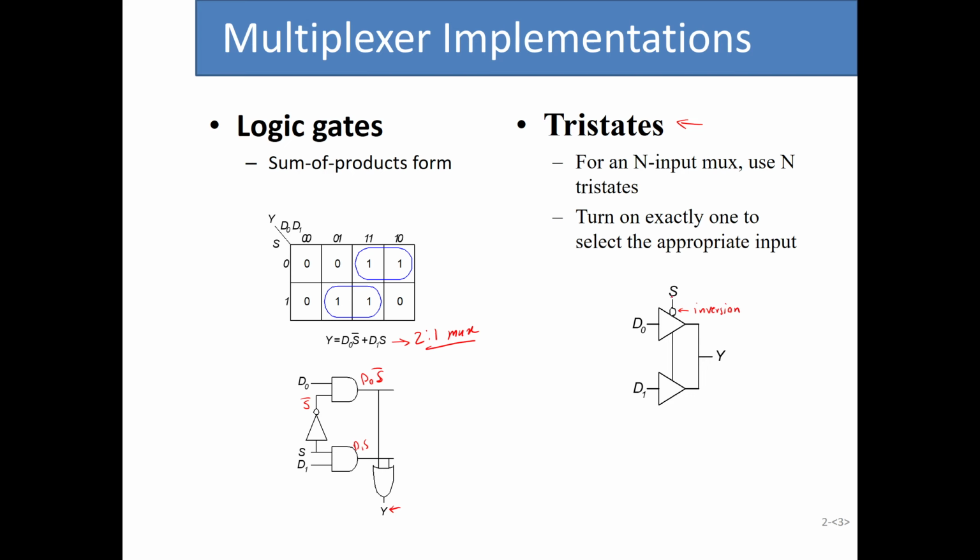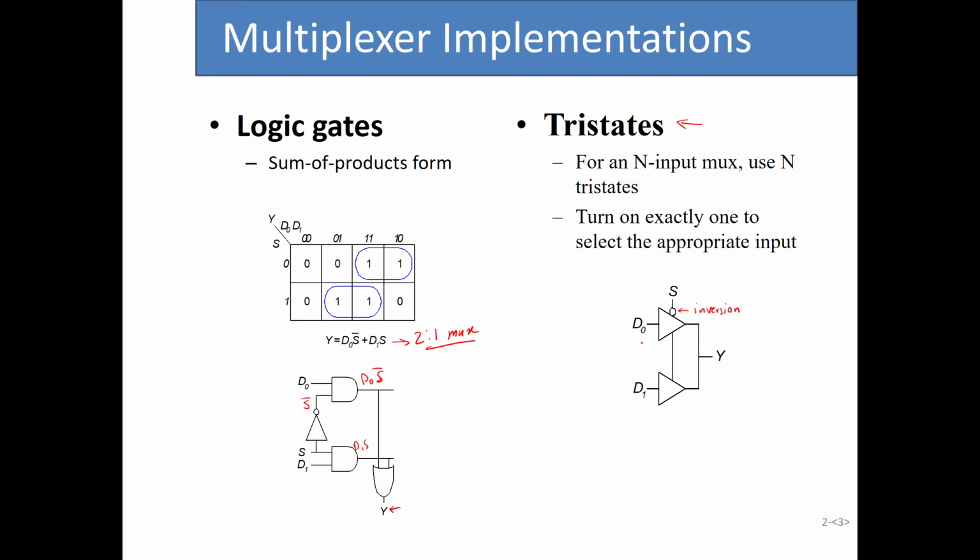So if S is 1, that means that S bar is 0. That means this tri-state buffer is off. But the second one is going to be on because S is going to be 1. So this tri-state buffer is on, and it passes D1 through it to its output.